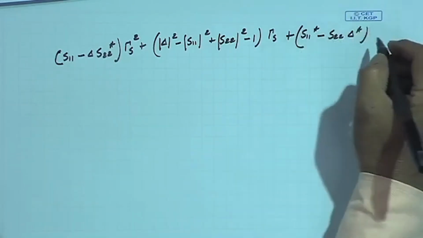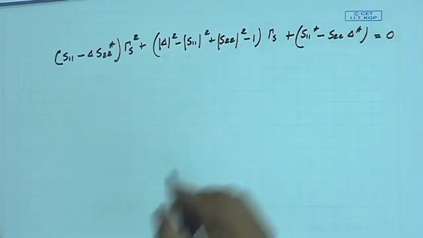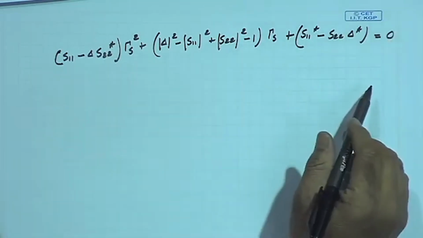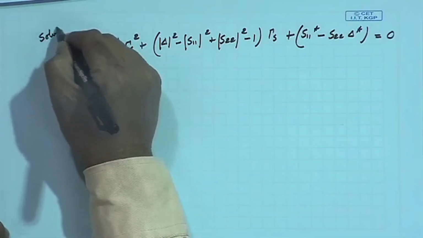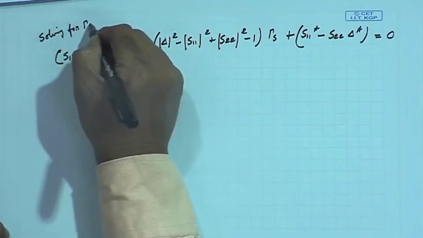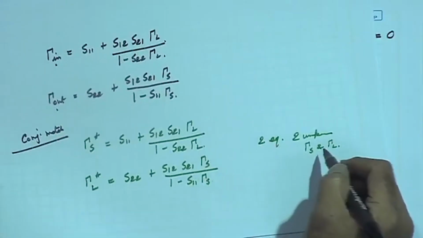Everyone do it, take a pen and paper and do it. So, this is solving for gamma S from these two equations, two unknowns.